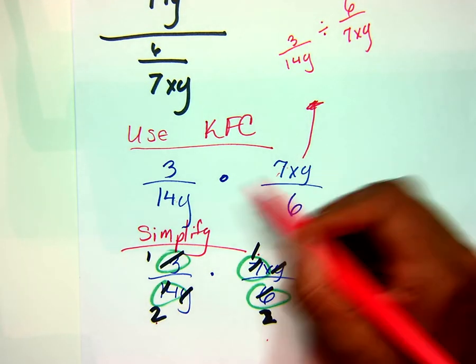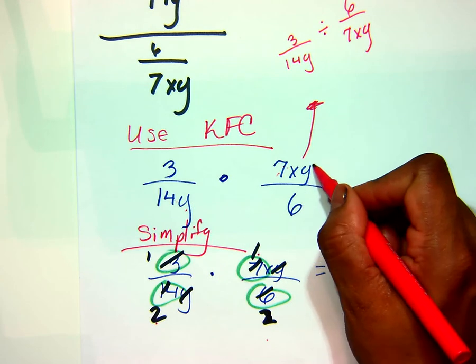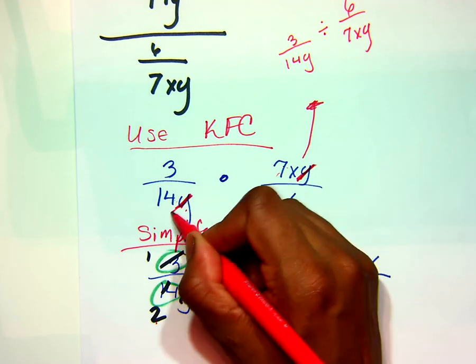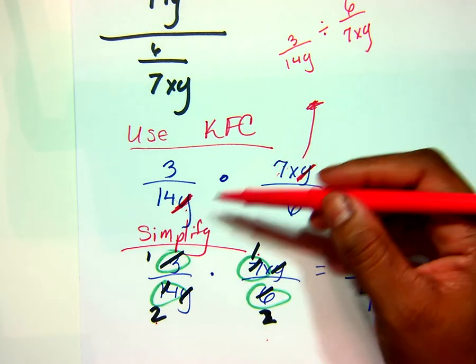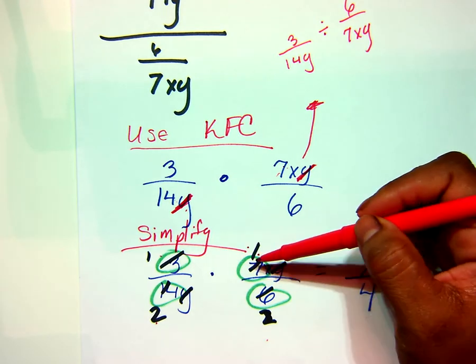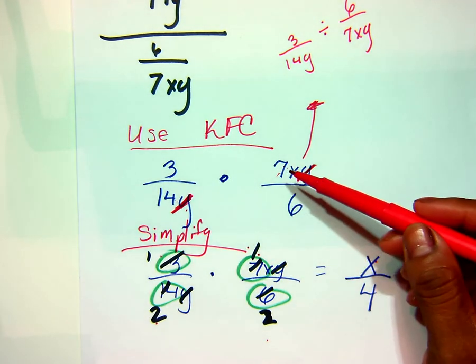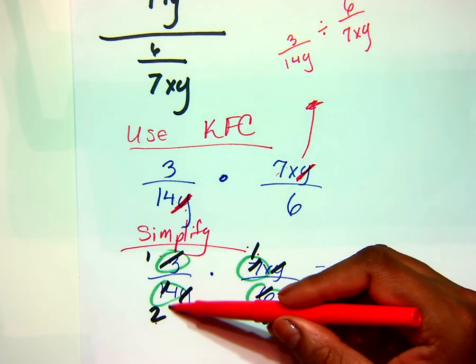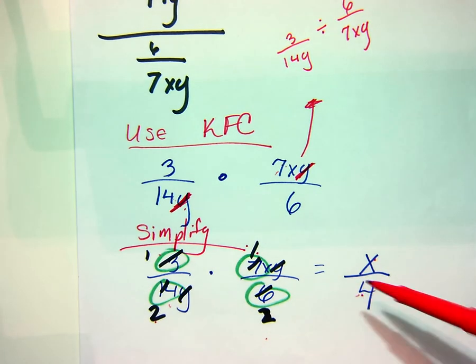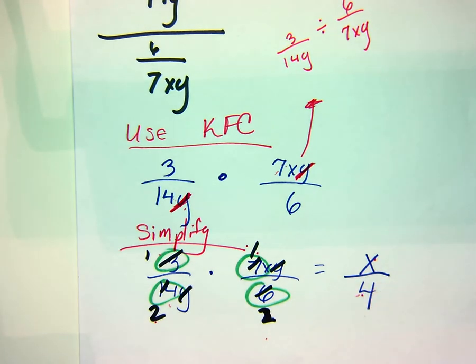You have a y right here and a y right there. So those two y's are gone. So now you're left with 1 times 1, which gives you 1. The x still remains, so it comes down. Then in regards to your numbers, 2 times 2 gives you 4. So your overall answer was x over 4. Yippee!